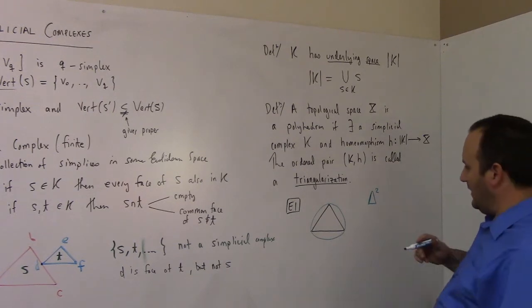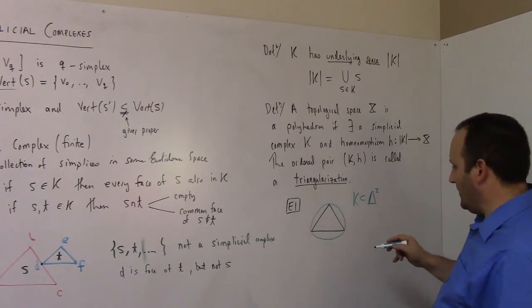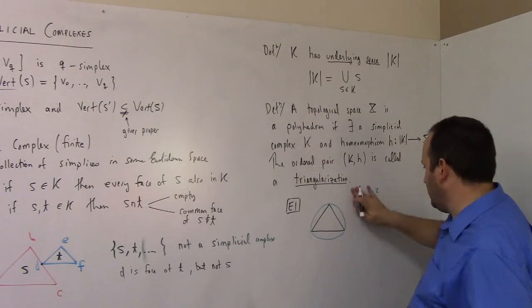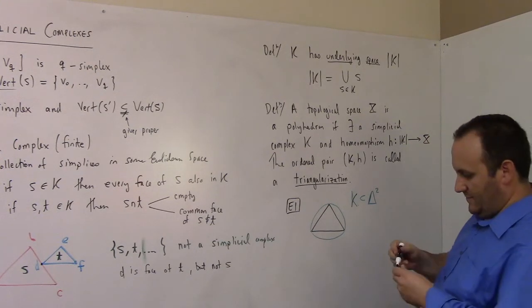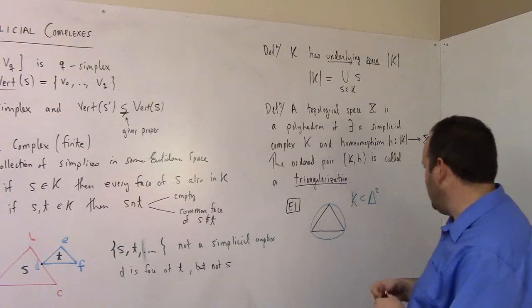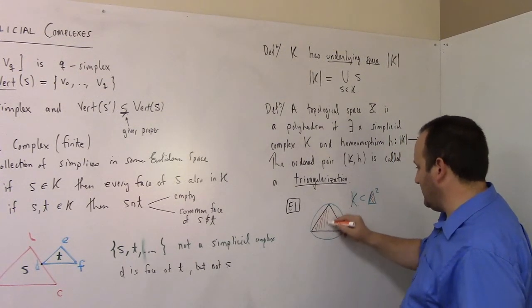Okay, so he's looking at K as a subset of that, where that K is really just what I've drawn in black, right? Like the delta 2 in principle is all this too, right? It's also the face.